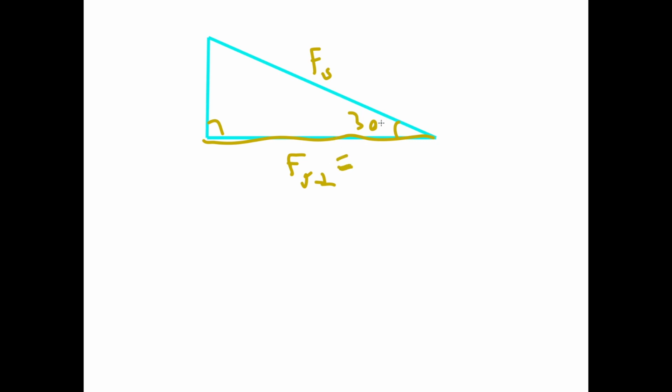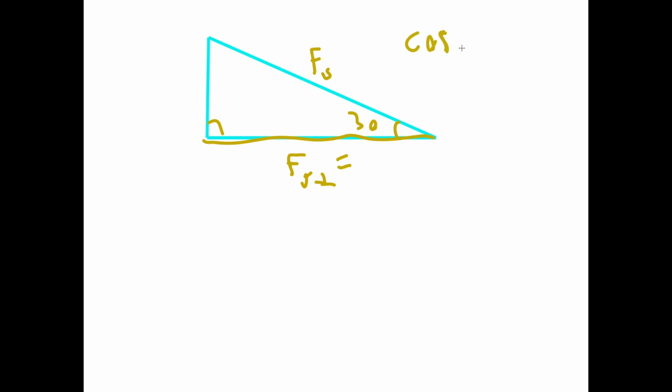If we use trigonometry, we'll get that. This is going to be cosine, because we know the hypotenuse and we know the angle here, so we want to figure out the adjacent side. Cosine is equal to adjacent over hypotenuse, sorry.